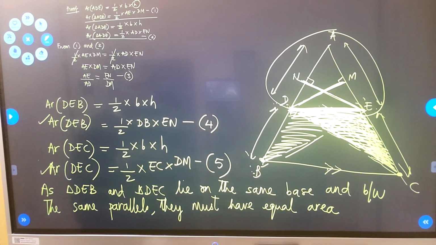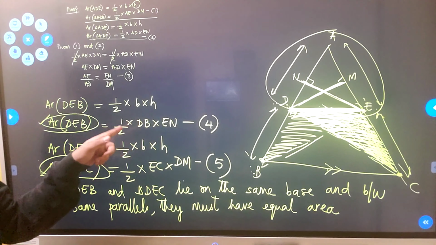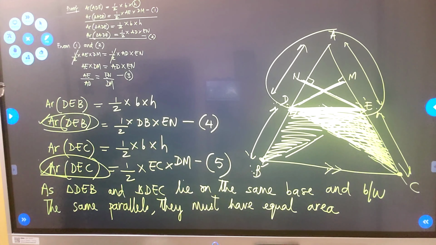And since they should have equal area, let's see what happens now, which means area of this should become equal to area of this, which means half DB into EN should be equal to half EC into DM. Let's start working on that.